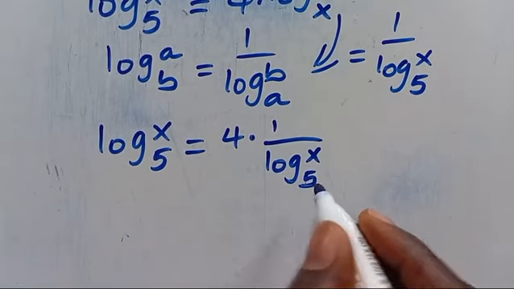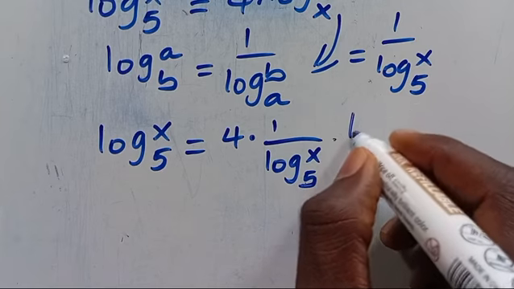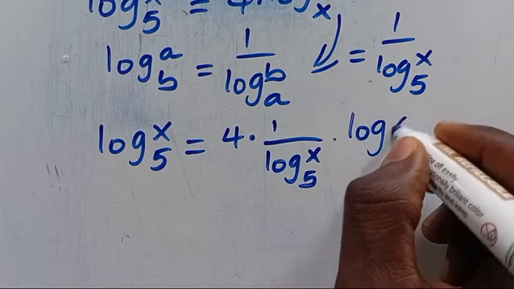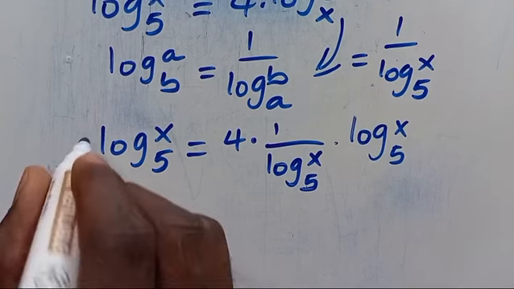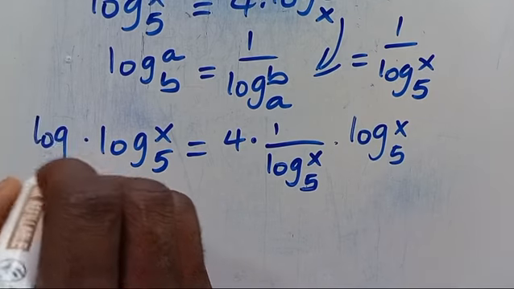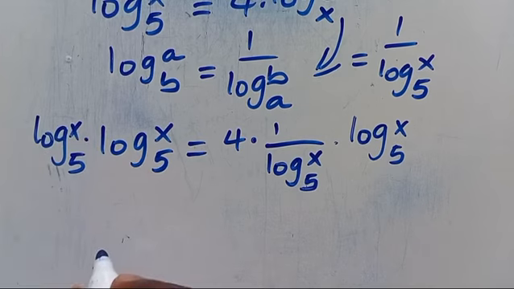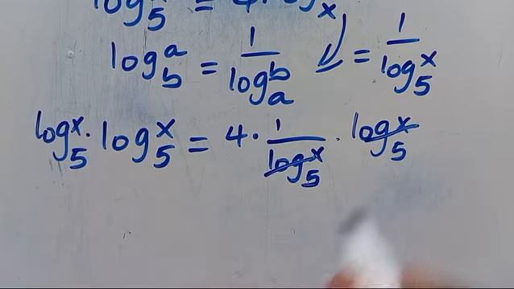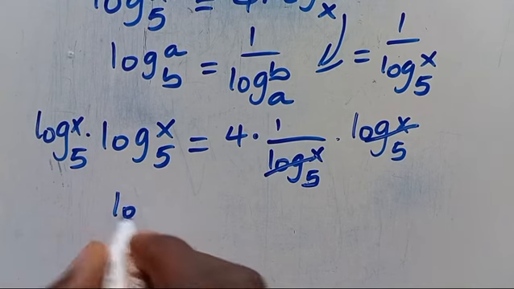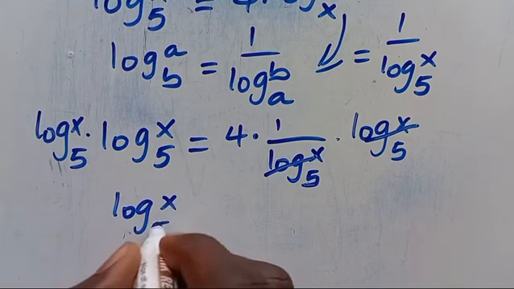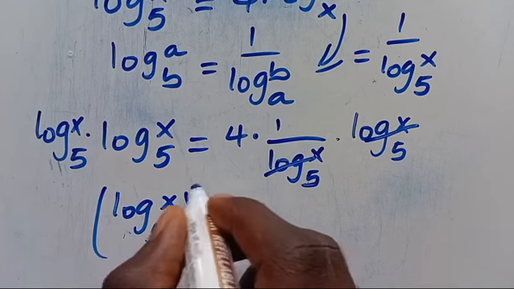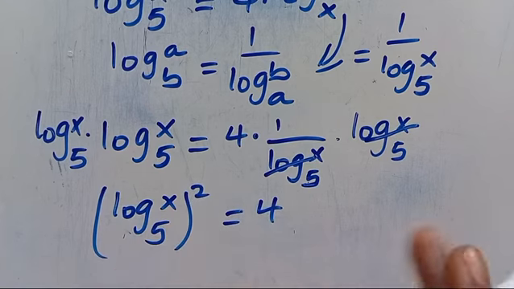Now to eliminate this, let's multiply through by log x in base 5. This will also be multiplied by log x in base 5. So obviously this will cancel out this, and this will be log x in base 5 repeated 2 times equals 4.